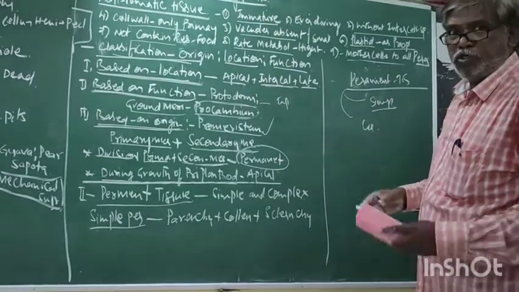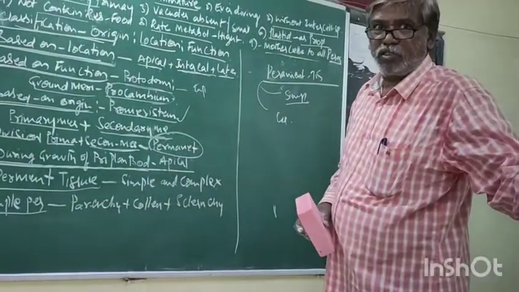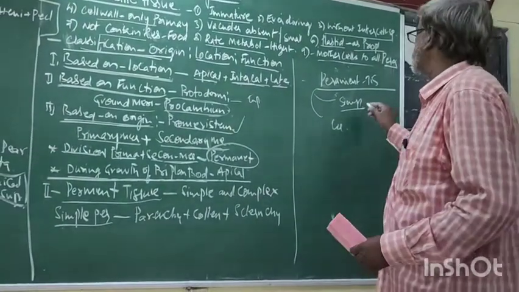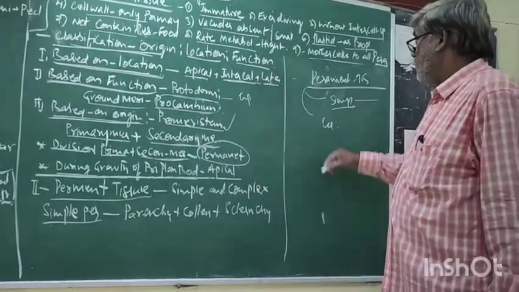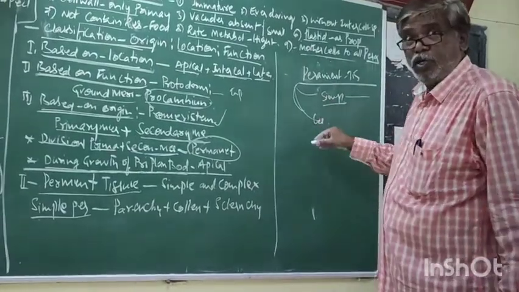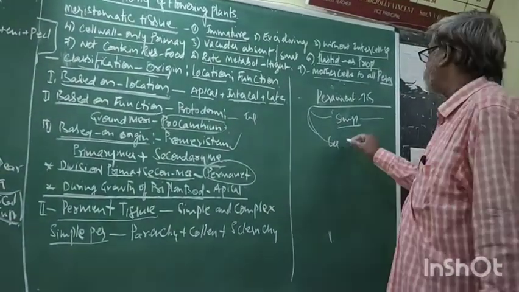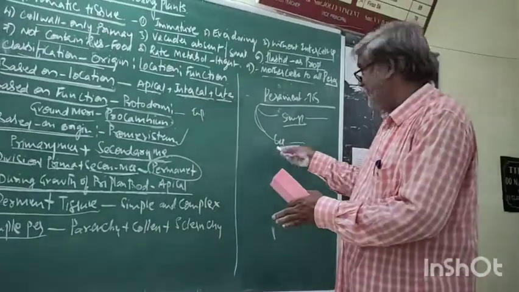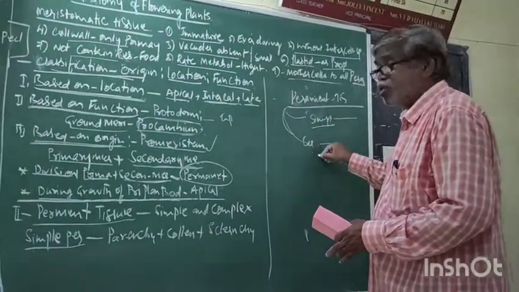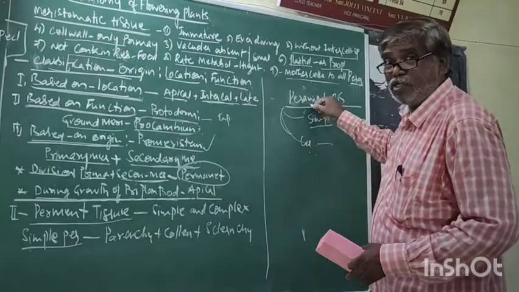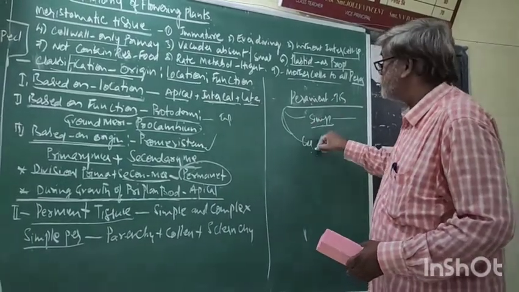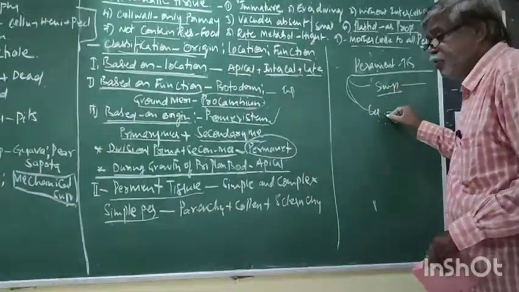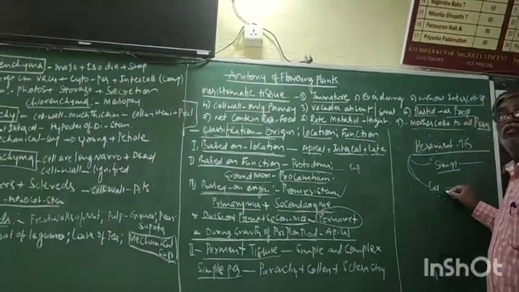If the permanent tissue is made with only one type of uniform cells, it is called simple permanent. If it is made with different types of cells, it is called complex. Both belong to permanent tissue because they never divide. Simple is made with only one type; complex is made with two, three or four types.